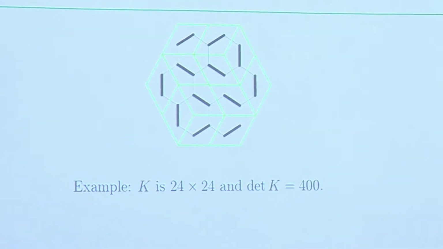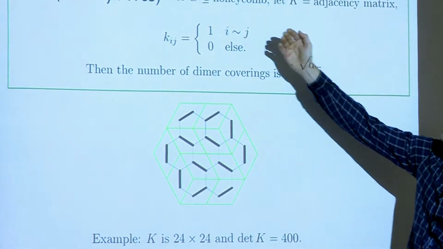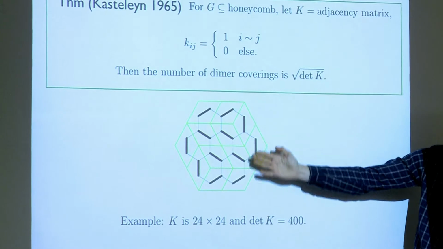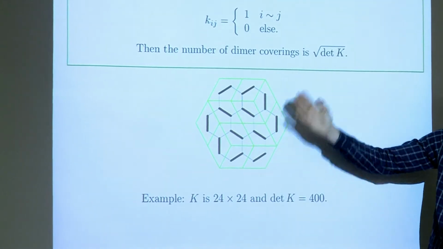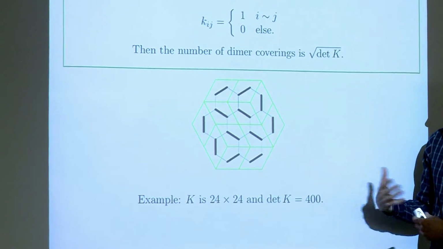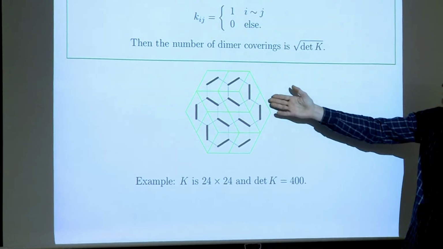And there's a theorem, 50 years old, Kasteleyn's theorem, which tells you how to count the number of perfect matchings of a planar graph. And the result is very simple in this particular setting.